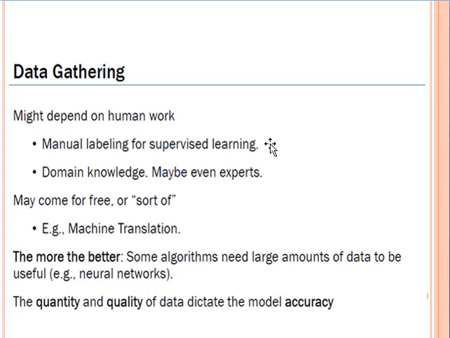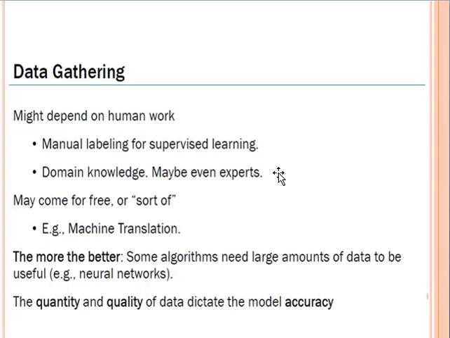But if your application resides where no labeled data is available, then maybe you need to label the data set manually, and it requires domain knowledge as well. You may also require human experts to label the data, because if that data set belongs to medical images, then you might require medical experts to label that data.